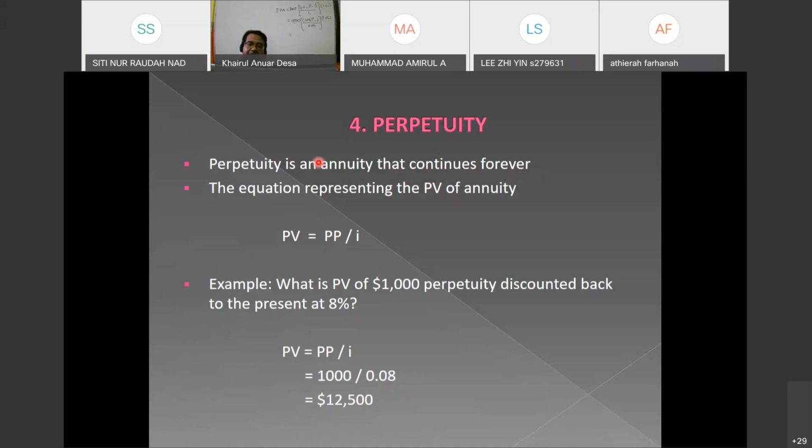Okay. What is the example of perpetuity? Apakah contoh perpetuity yang boleh berlaku dalam kehidupan kita? Anyone? Okay, apakah contoh dalam kehidupan kita?